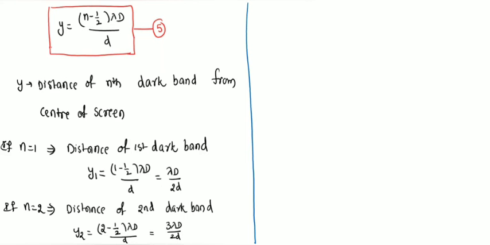I want the fringe width. Fringe width is the bandwidth. It is the distance between the successive bright bands or the dark bands. I want to find the distance between the first and second dark bands, that is y2 minus y1. You substitute 3 lambda capital D by 2d minus lambda D by 2d.